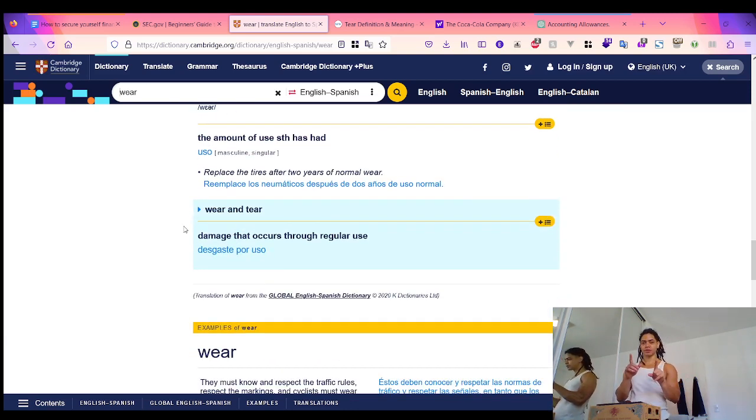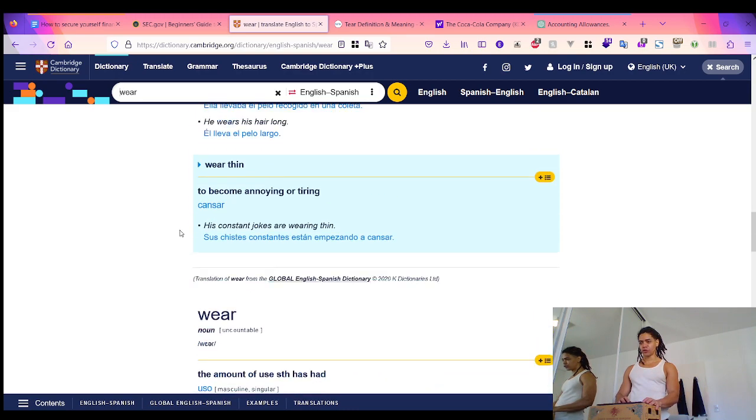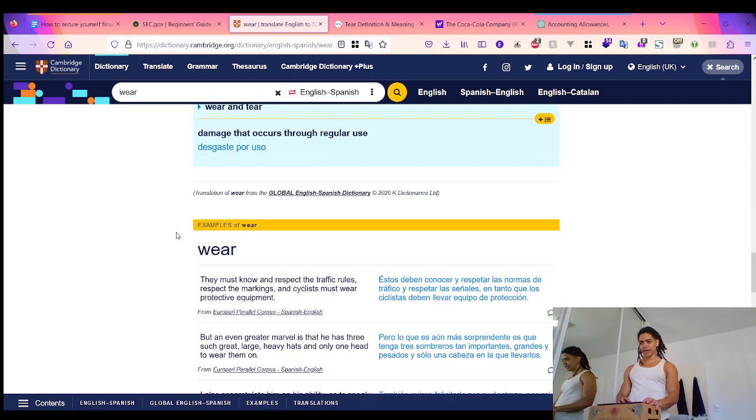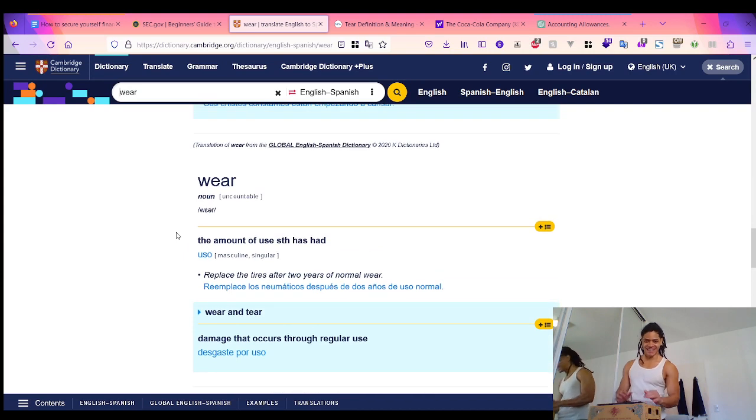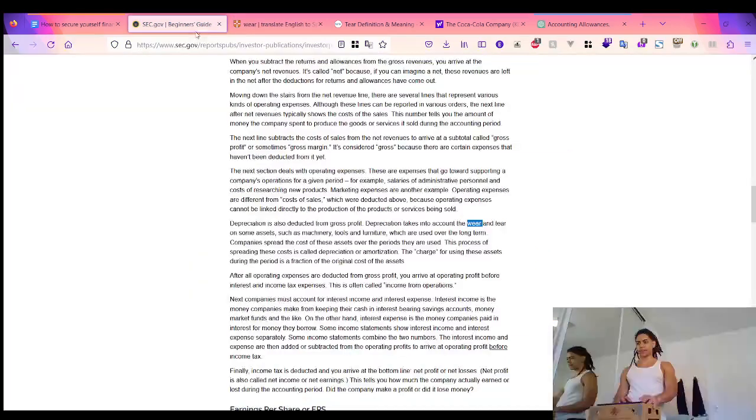Alright, two verbs here. Right now I'm learning two verbs. Wear and tear. Oh, holy crap. Okay. Oh, I love it. I love it. So, depreciation takes into account the wear and tear.